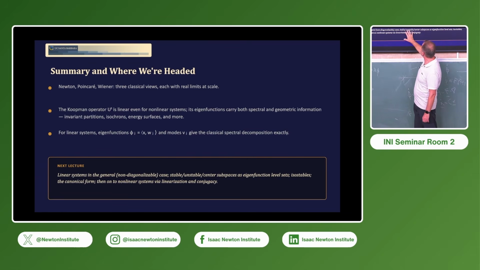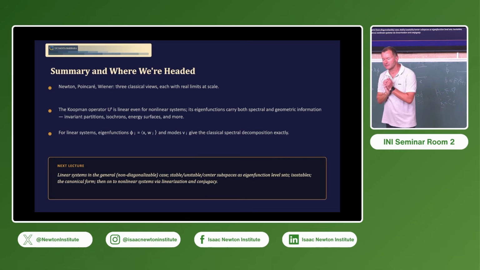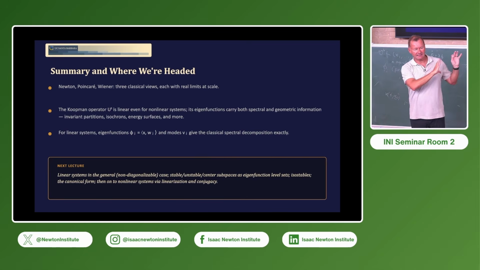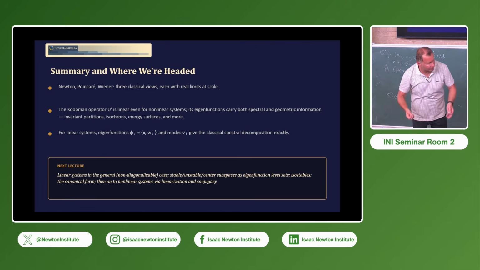We're going to get the nonlinear systems via linearization and conjugacy in the next one, and you will see that this type of analysis very easily ports to limit cycles, to limit tori, and then we hit the wall with chaotic attractors, and we have to work harder. In that case, the separation between these simpler cases, completely manageable by the idea of conjugacy, and the chaotic dynamics is that the Koopman operator develops what is called a continuous spectrum.